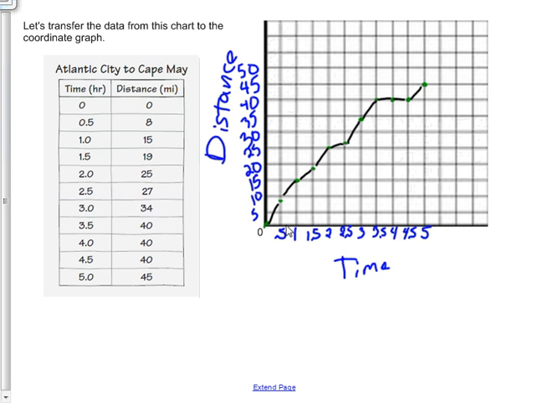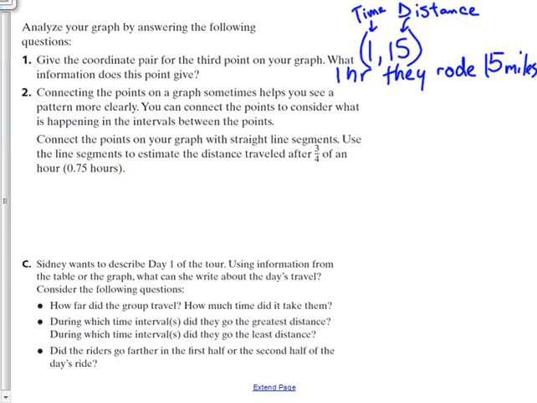So let's travel up that line, see where we'd be at, and we'd be at right here. And I'd say that's about 12 or 13 miles that they would have traveled in 3/4 of an hour, or 45 minutes. Make sure to write that at the end of 2.